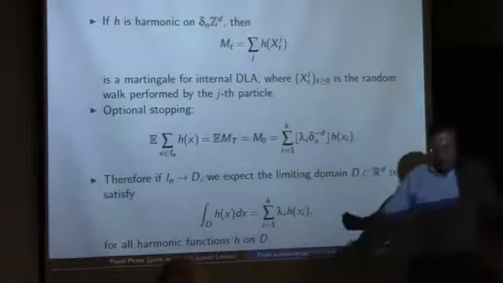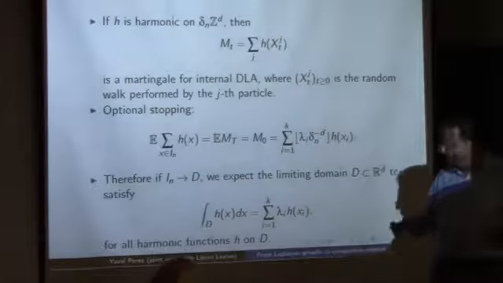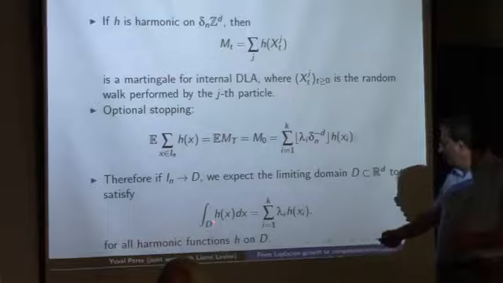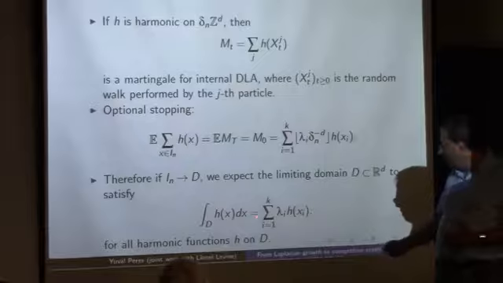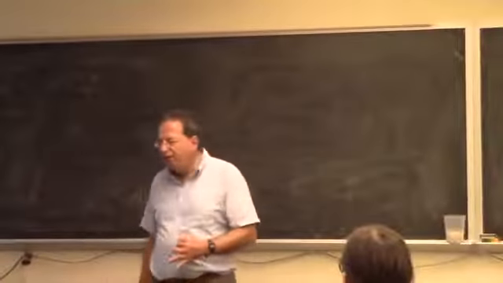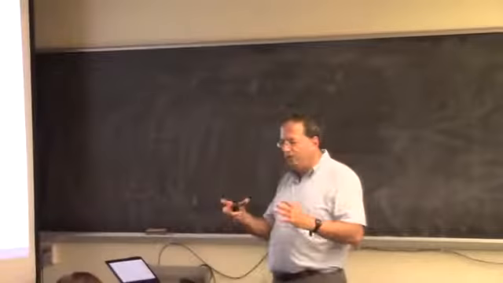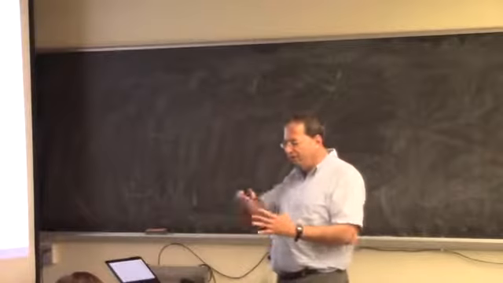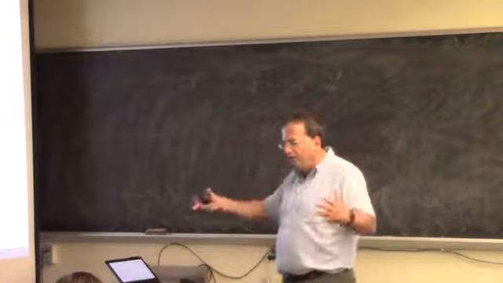You have a bunch of points, x1 to xk, and weights lambda 1 to lambda k. A quadrature domain satisfies this identity for all harmonic functions and an inequality. So the left-hand side should be less than the right-hand side if h is superharmonic. So again, if you just have a single point with weight 1, then the quadrature domain corresponding to that is the disk of area 1 around the point, because we know that the value of a superharmonic function at the center is bigger than the integral over the domain.